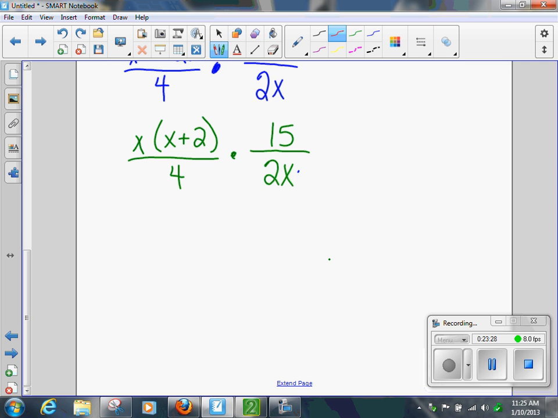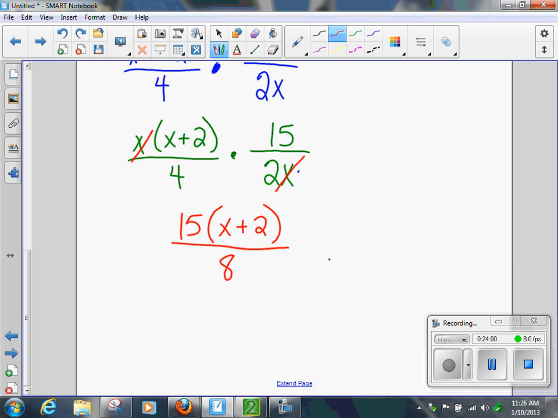What can I cross-cancel? The x's, the plain old x's. Anything else? How about this 2 with this 2? No, because this is part of a monomial. That's part of a binomial. Don't be messing with my man, right? What do I do now? Multiply straight across. 15, because I like my number to be there in the front, times that quantity, x plus 2, over who? 4 times 2, which is 8.